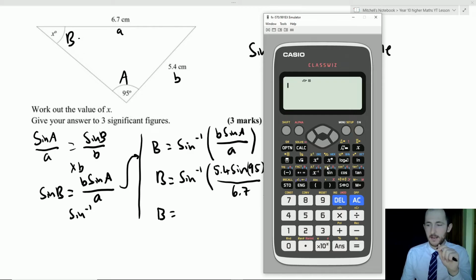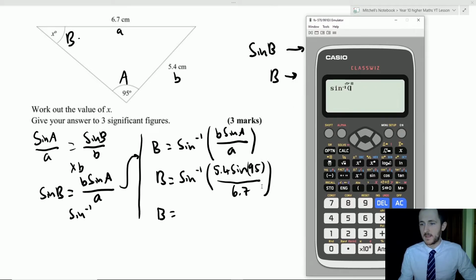The way you get that is you press the shift button and sine. If you have a different calculator, you might be panicking. Don't worry. This sine to the minus 1 is yellow, so I pressed the yellow button. If it's red, then I press the red button. If it's some other colour, you press the button that corresponds to that colour, and it'll always be at the top. So in this case, it's in yellow, so I pressed shift. That's literally as difficult as it gets.